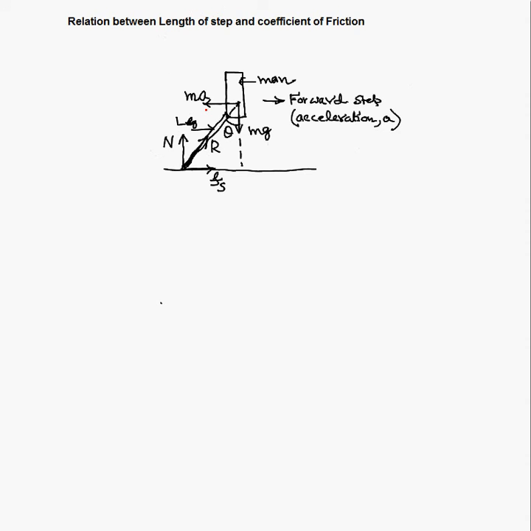Now, relation between length of step and coefficient of friction. As a man puts a step forward, his leg makes an angle theta with the vertical. The greater the magnitude of theta, the greater will be the length of his step.